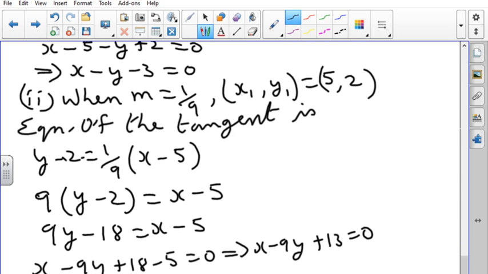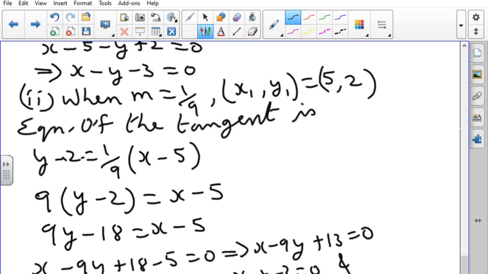Therefore, the tangents are x minus y minus 3 is equal to 0 and x minus 9y plus 13 is equal to 0.